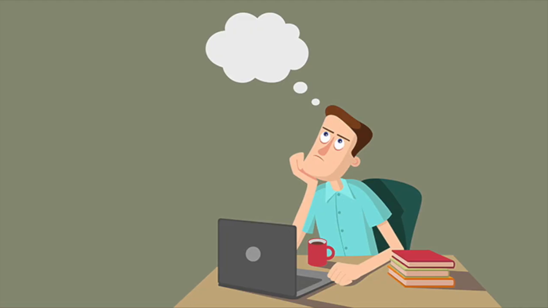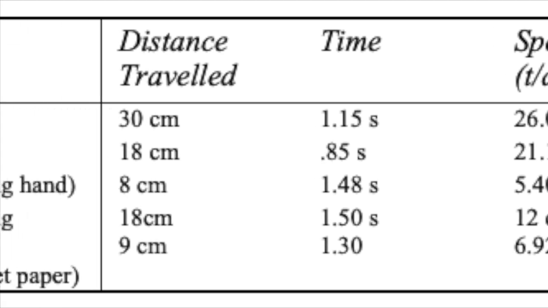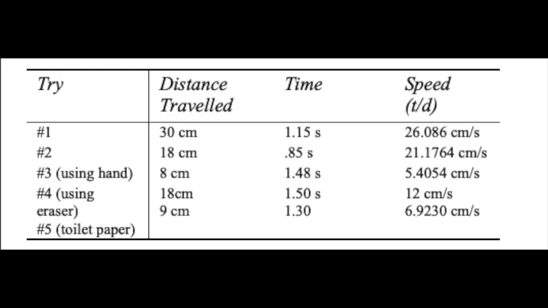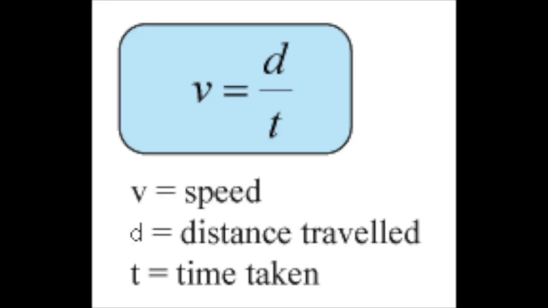Now, remember the data you recorded about the time and the distance traveled that changed? You will put them in a table like this. As you can see, it has the number of try, the distance of travel, and the time, but it also has speed. How did I get this? Well, you will have to use a mathematical model of speed, which is distance over time.